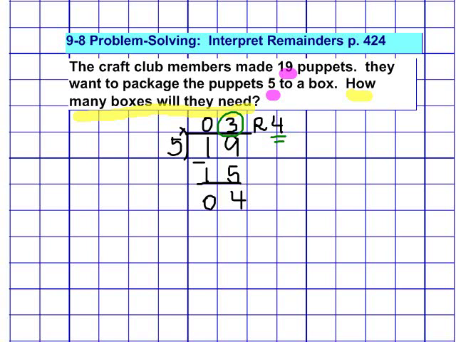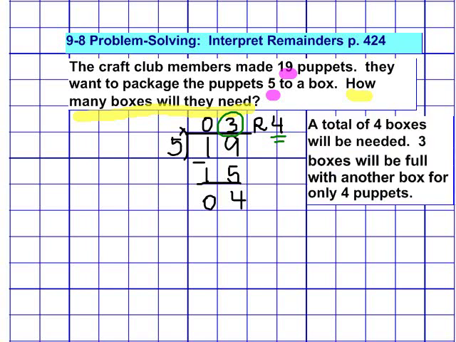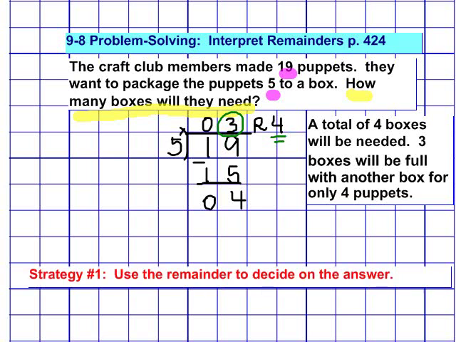So how many boxes then will I need? Well, the answer is that a total of 4 boxes will be needed. 3 boxes will be full with another box with only 4 puppets. How did we then interpret the remainder 4? We use strategy number 1, which is to use the remainder to decide on the answer. We looked at the 4 and we decided that there were still 4 puppets left over.